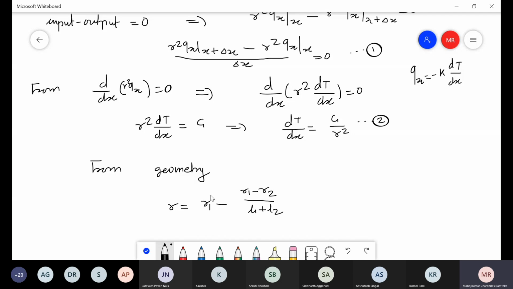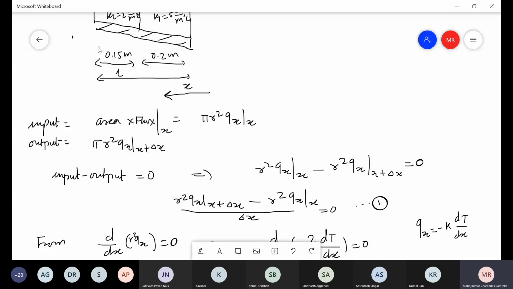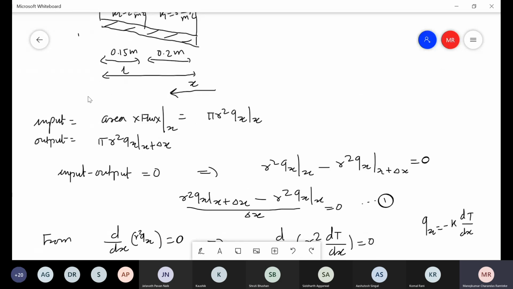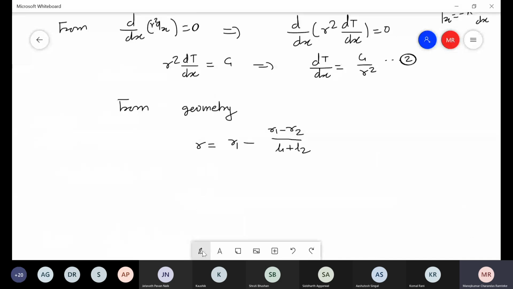This is nothing but L1 and this is nothing but L2. Okay, L1 plus L2, multiplied by x.